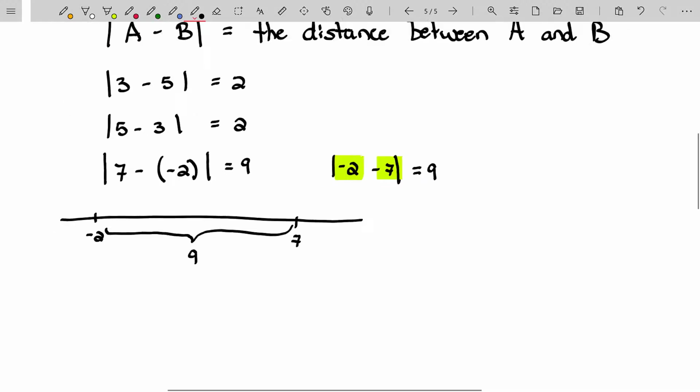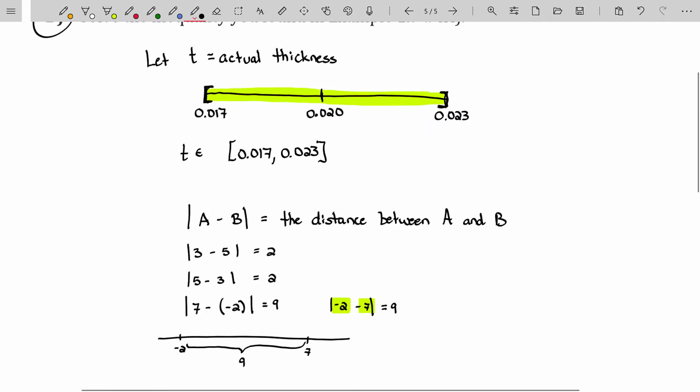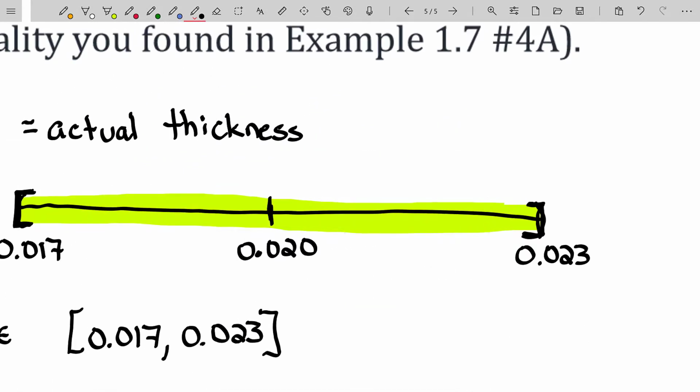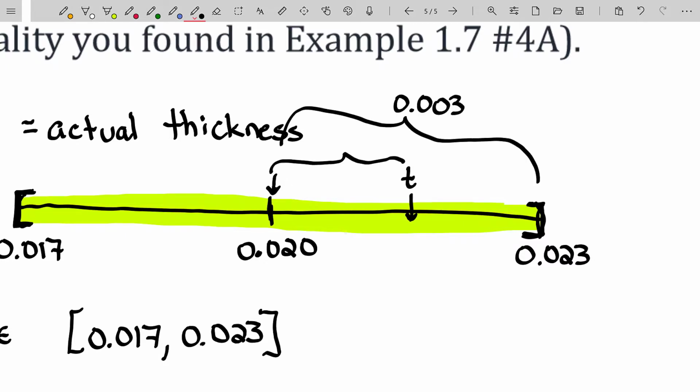I'm telling you that because we want to know the distance between this central point here and our actual measured thickness. Let's say that this is our measured thickness right here. We want that distance to be less than 3/1000ths. Again, all of the thicknesses that we produce for these sheets of laminate can be any value of T in here.